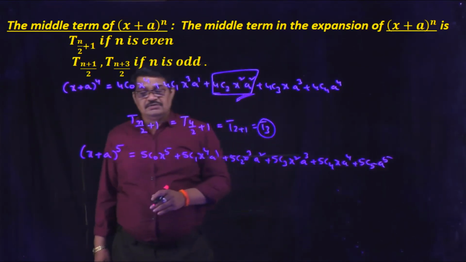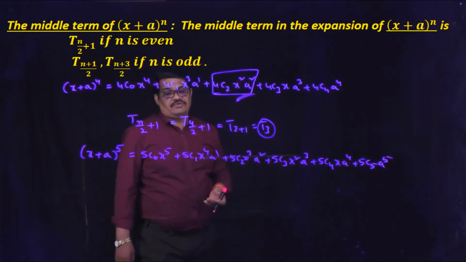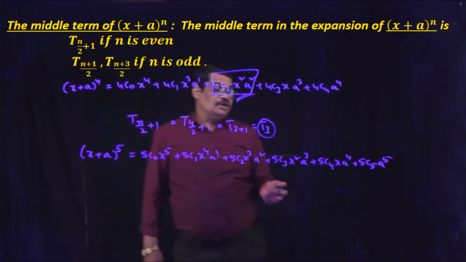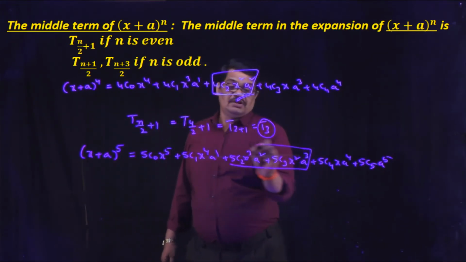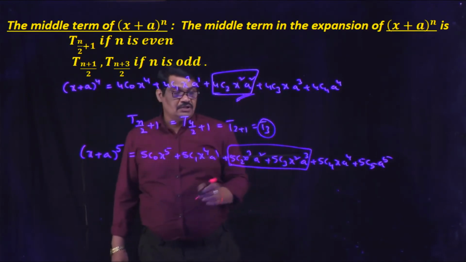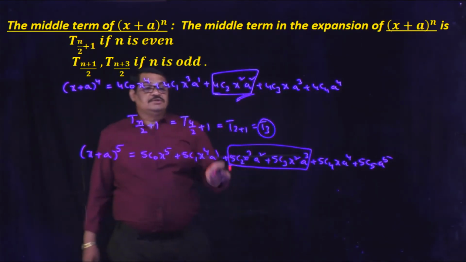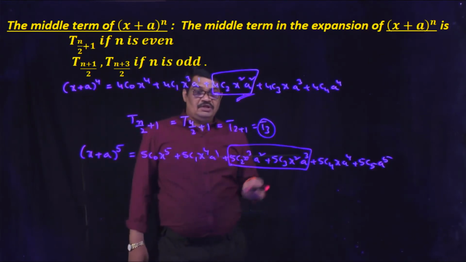In that, the total number of terms is 6. Then these two are the middle terms, that is, the third term and the fourth term are the middle terms.